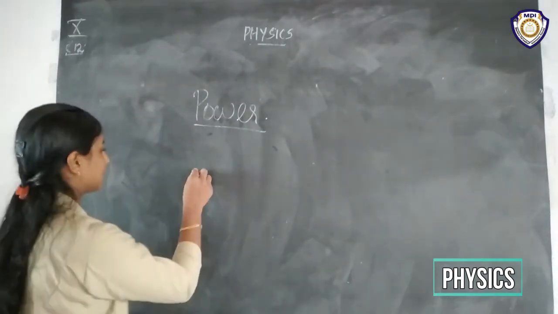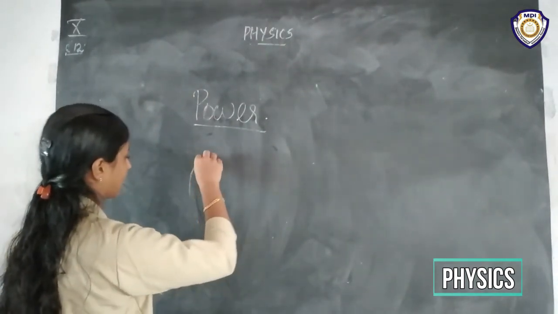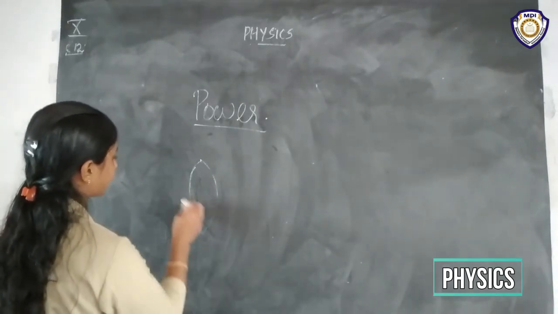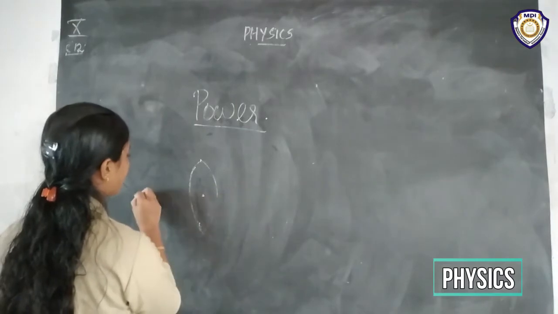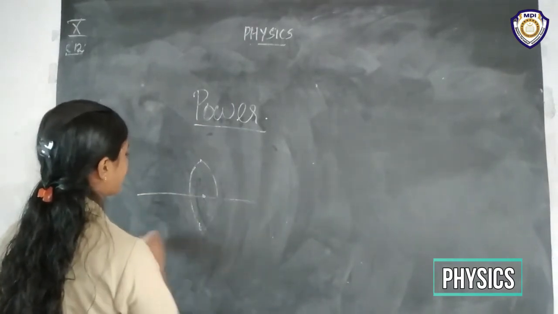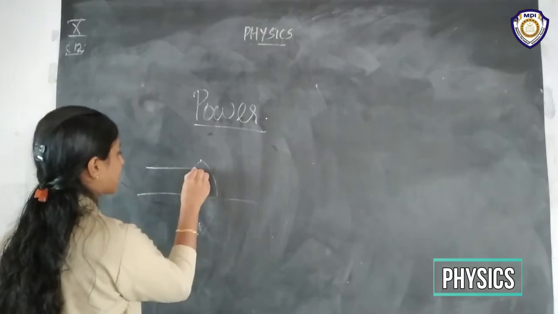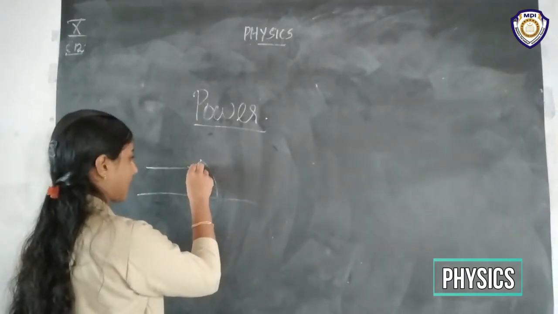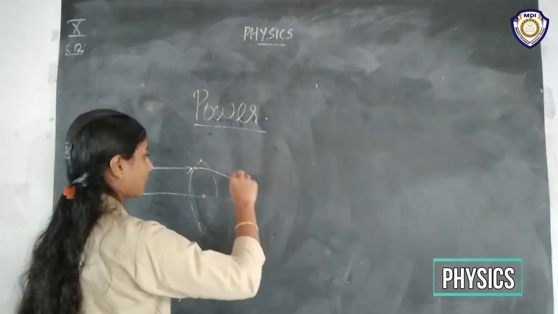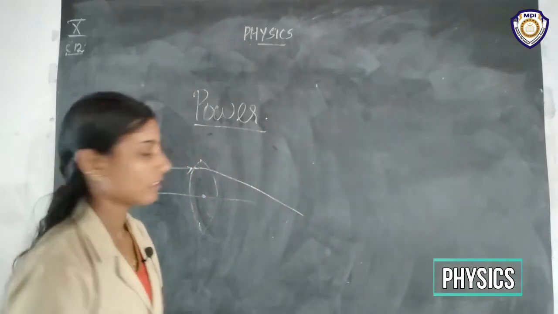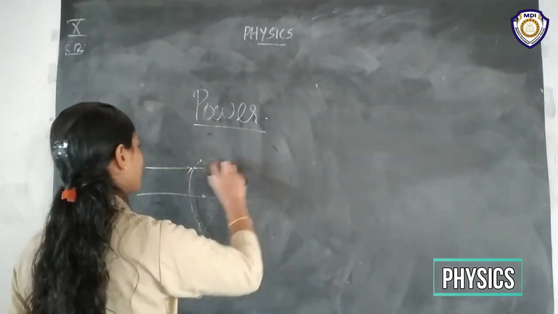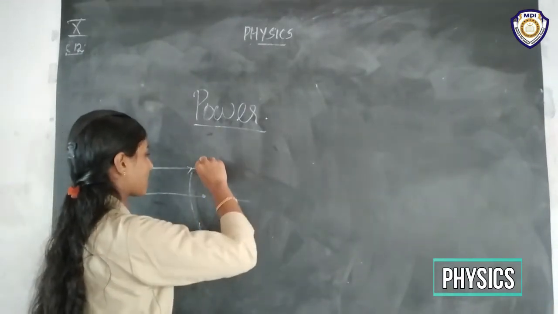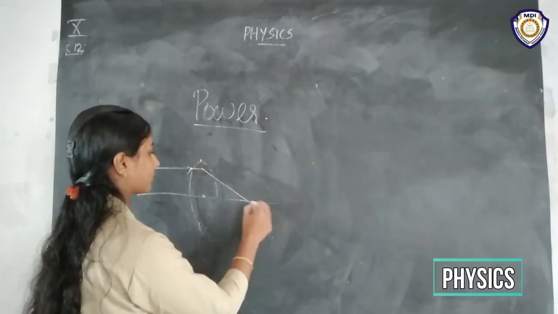So consider this is a convex lens, right? And here we have the optical center and the principal axis, and suppose a light ray is incident on this lens, and after refraction it will pass like this, right?